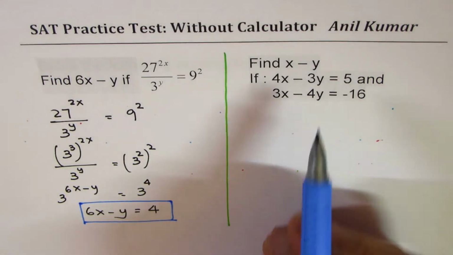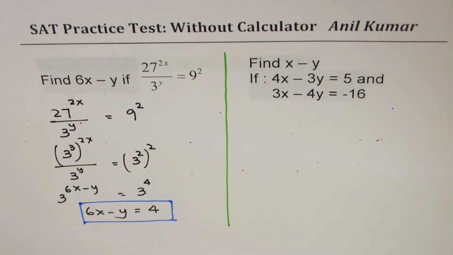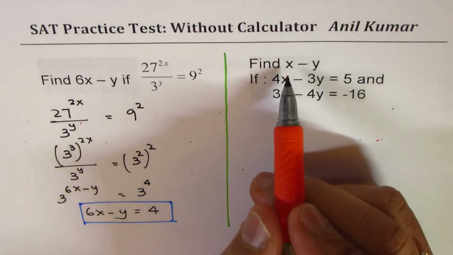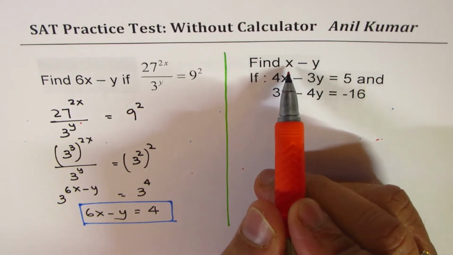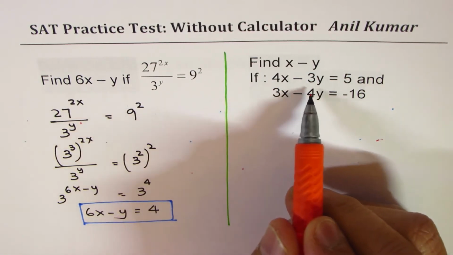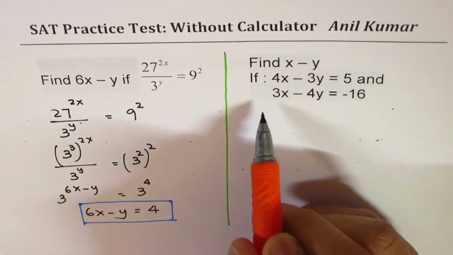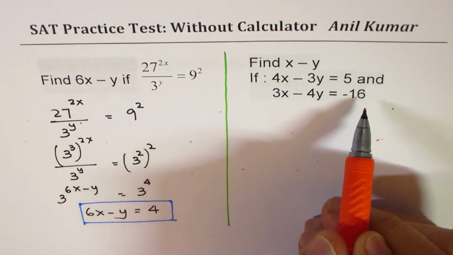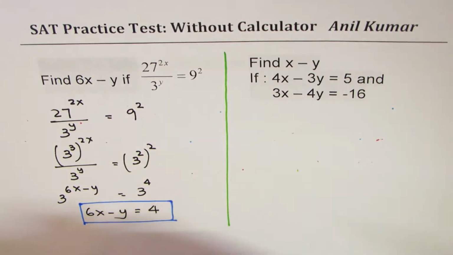Now the second question here is also very similar. Here the question is, we have to find x minus y, not just x and y. We are given, if 4x minus 3y equals 5 and 3x minus 4y equals minus 16, then what is x minus y?